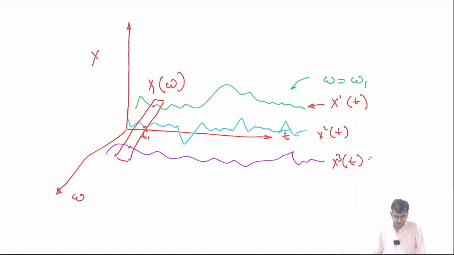And when I say x1 with the subscript, it means the random variable at time t1. Similarly, I will get a random variable at time t2 if I draw it. And I can get an infinite collection of such random variables, x1(omega), x2(omega), and so on and so forth, right?